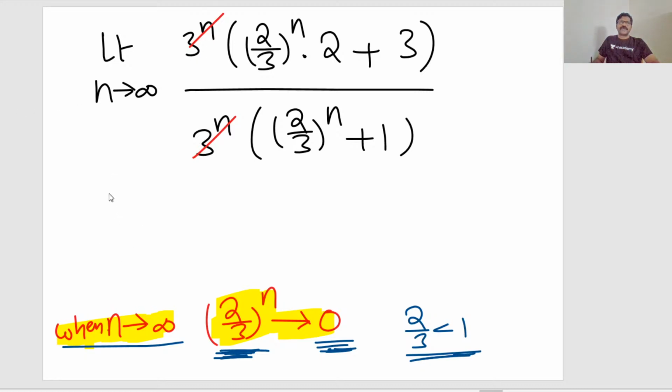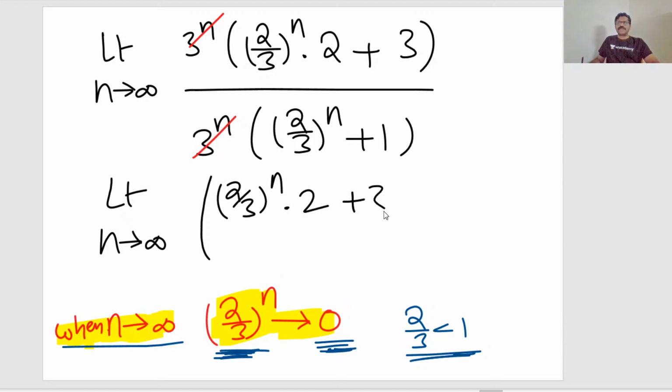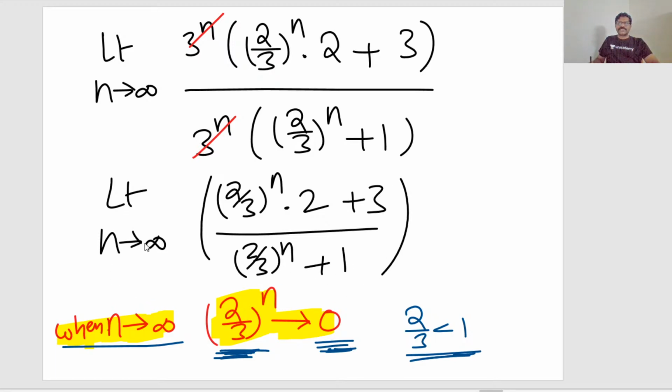Now, limit n tends to infinite, (2 by 3) whole power n into 2 plus 3, by (2 by 3) whole power n plus 1. When n is tending to infinite, this (2 by 3) whole power n tends to 0.